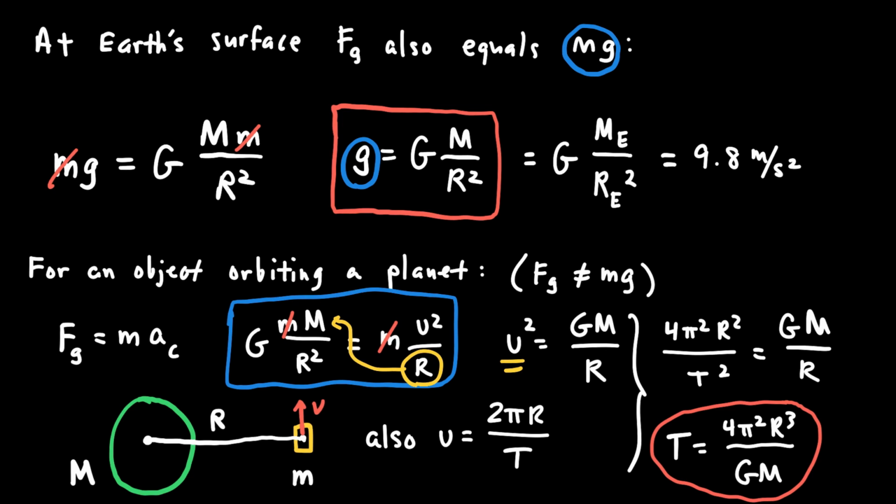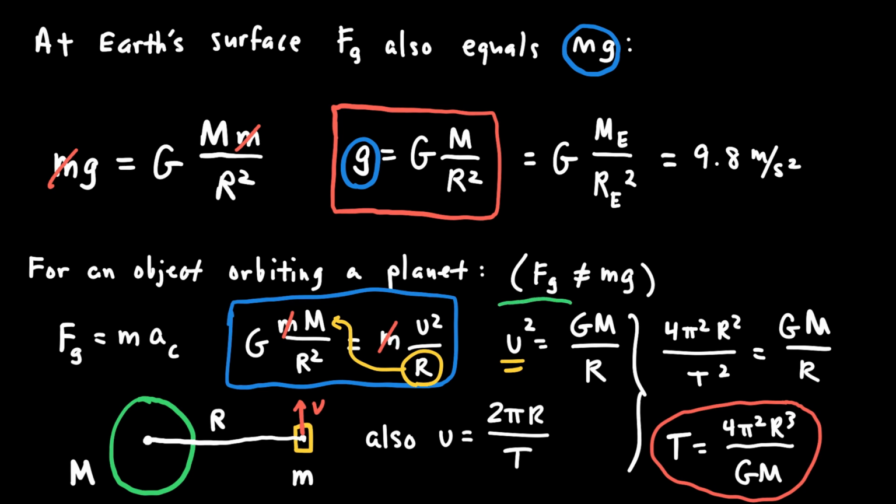And similar to the beginning of the video, where I said an object in uniform circular motion has a straight line speed v, goes around in a circle that has a circumference 2 pi r, and does so in an amount of time equal to the period of motion, capital T, I could relate these two equations that I have here.